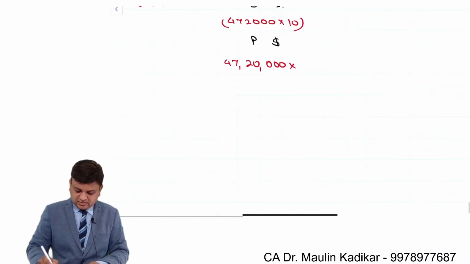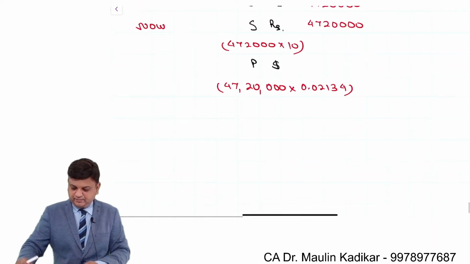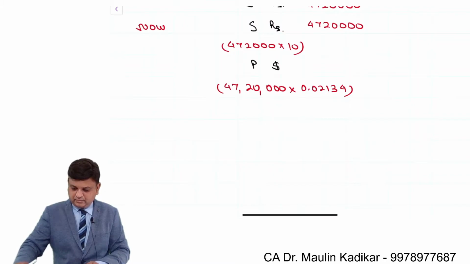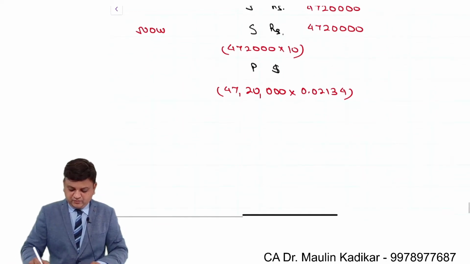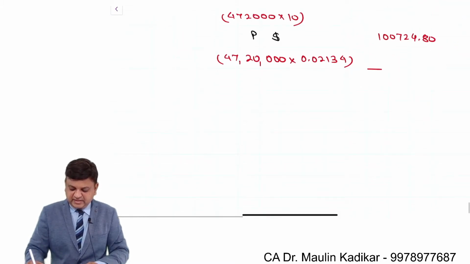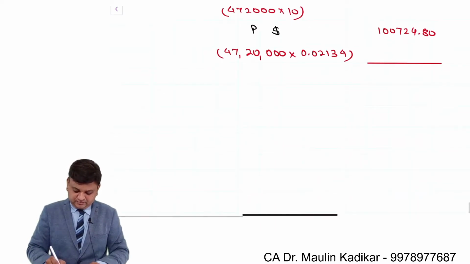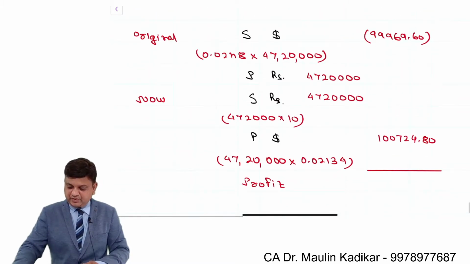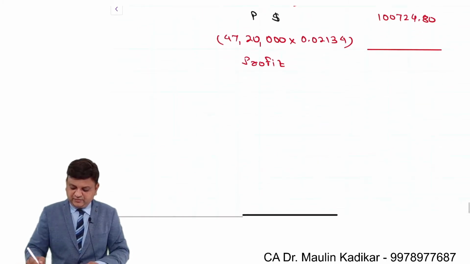So here it is 0.02134, and it comes to 1,724.8. And the difference of that is what we understand is a profit. So the amount of the profit is $755.20.